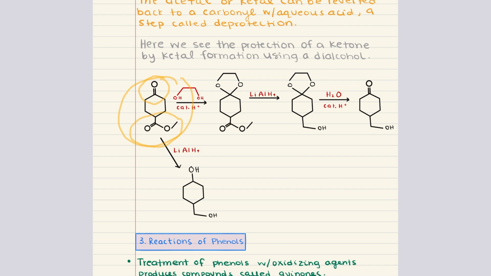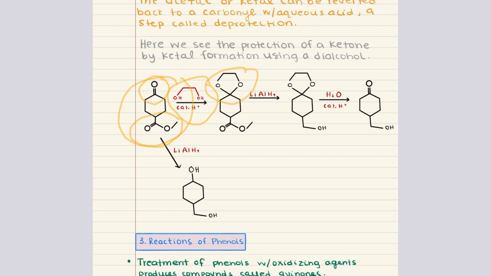Because ketones are susceptible to reduction, we first need to protect the ketone before proceeding with any reductions. So to do this, we react the ketone with a diol in the presence of an acidic catalyst. This reaction then converts the ketone into a ketyl, which is much more stable under reductive conditions.